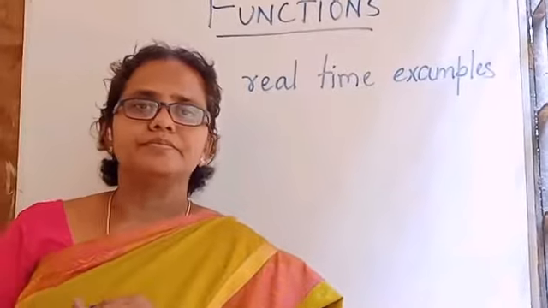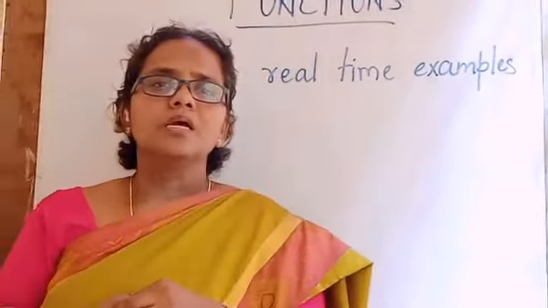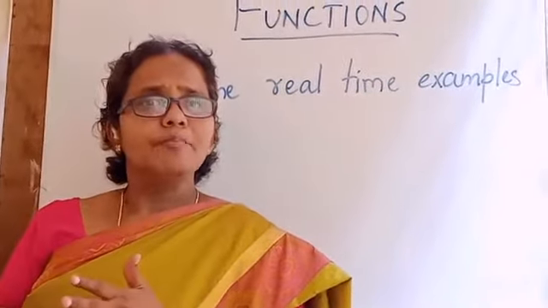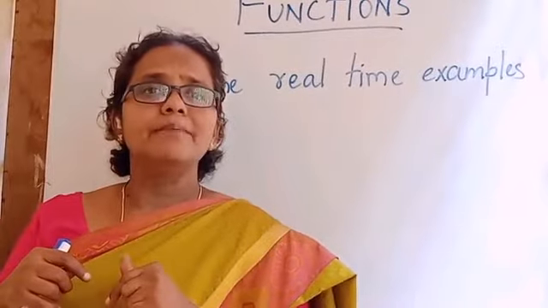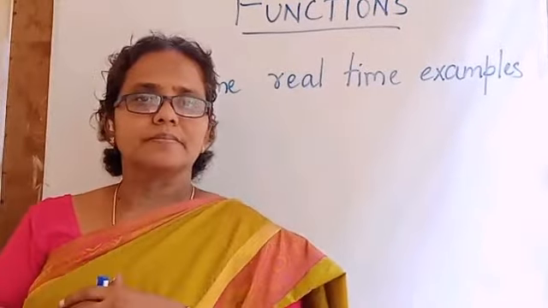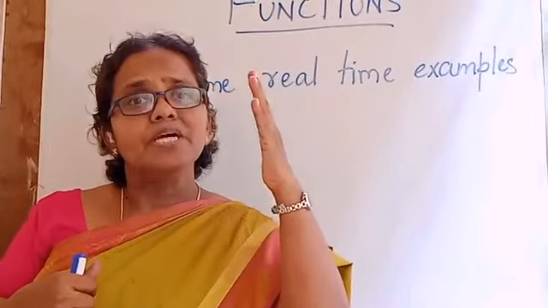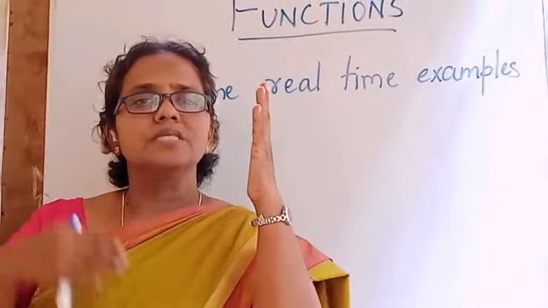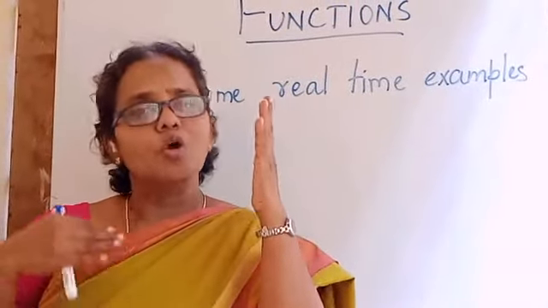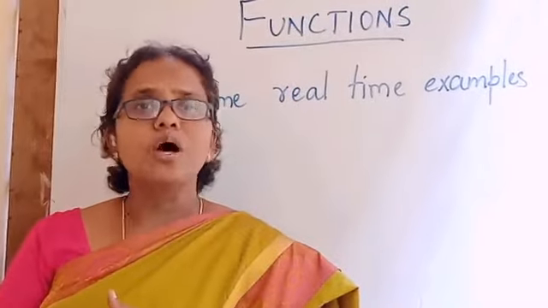Another example. The shadow of a particular person is dependent upon the height of the person. As the height of the person varies, the length of the shadow will also vary. This is also a function.